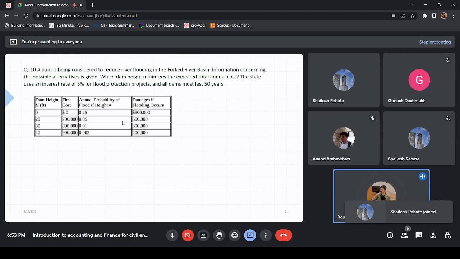Okay. So a dam is being considered to reduce river flooding in the Forked River Basin. Information concerning the possible alternatives is given. Which dam height minimizes the expected total annual cost? The state uses an interest rate of 5% for flood protection projects, and all dams must last 50 years.